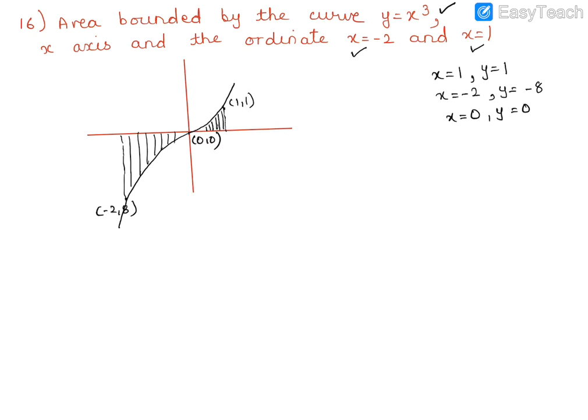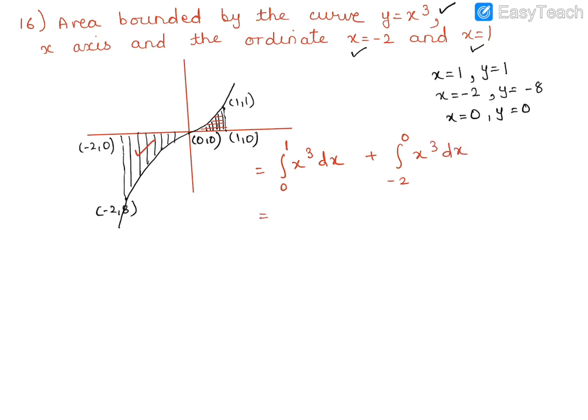So here this was -2, 0, and this is 1, 0. So therefore, if you are finding this one, the required area is limit 0 to 1, and I have x cube and dx. And if you are finding this area, limit is -2 to 0, and again x cube dx.